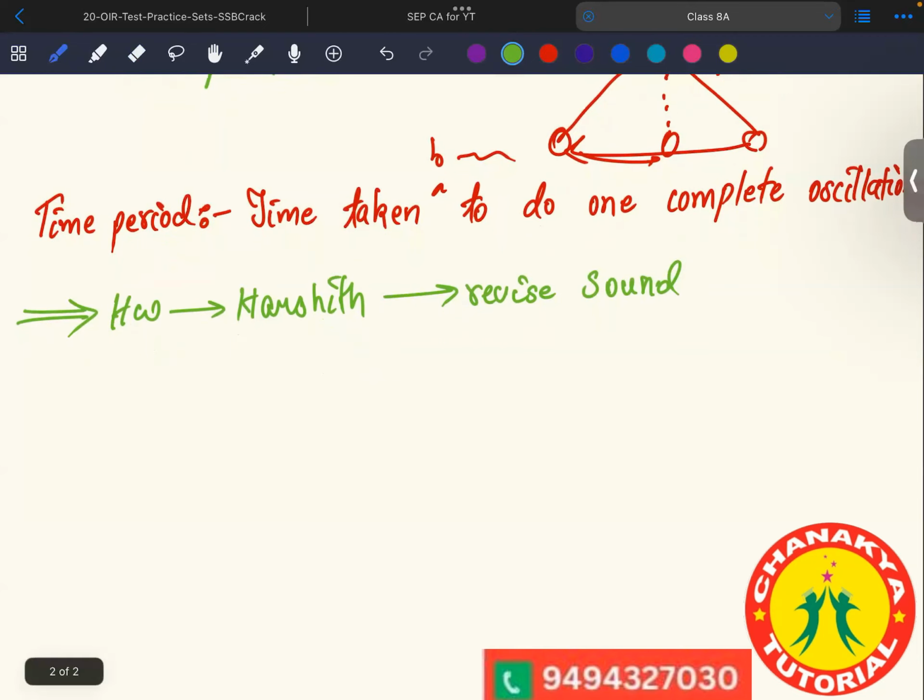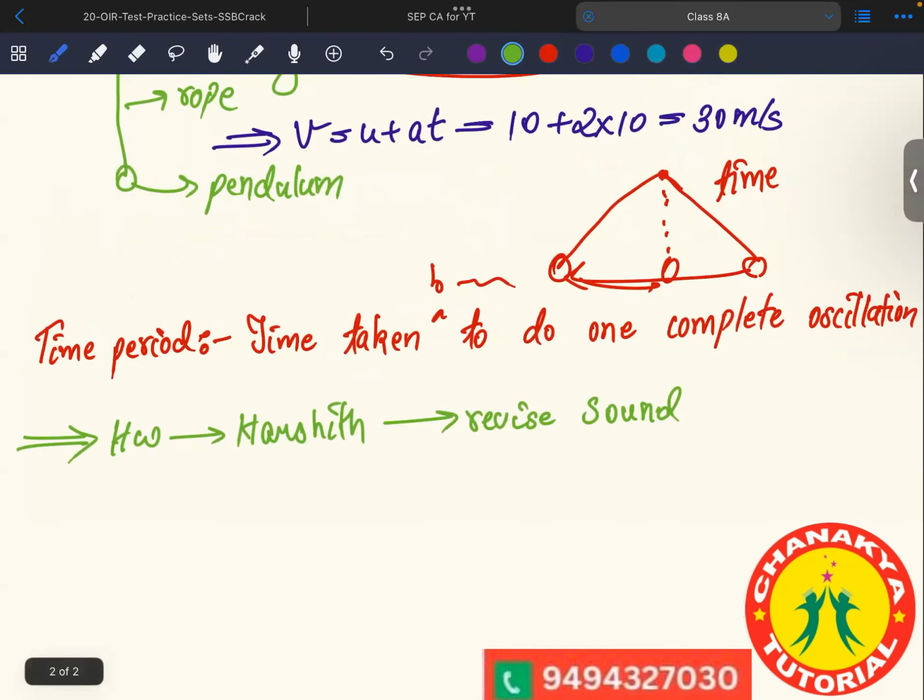Fine. So you know about time period. In higher classes, you will be given this formula that T equal to 2 pi root L by G. Using this, you have to calculate. So now what I will do, I will grab this pendulum and pull it to some distance and leave it.